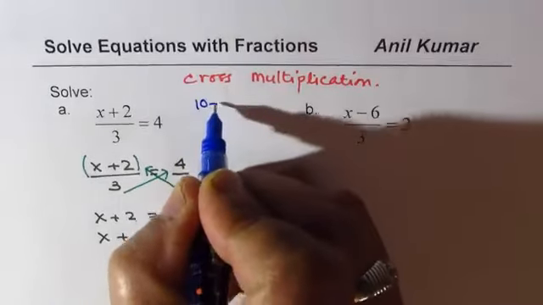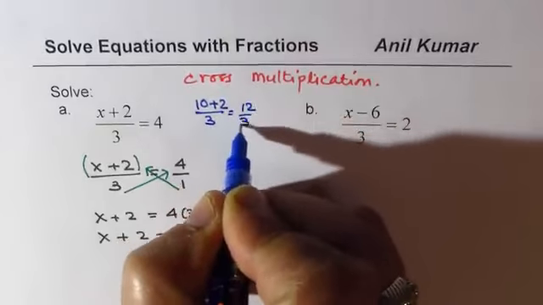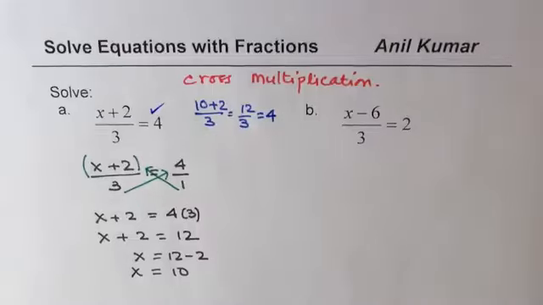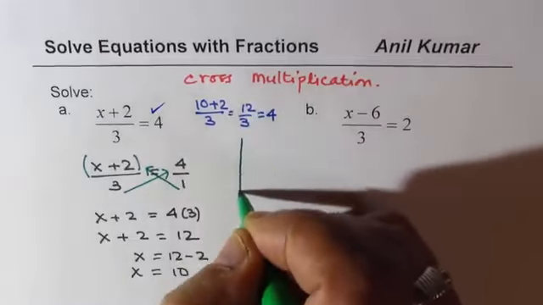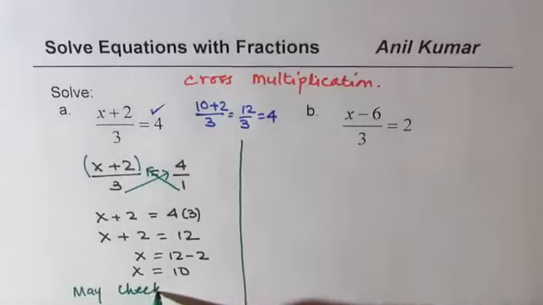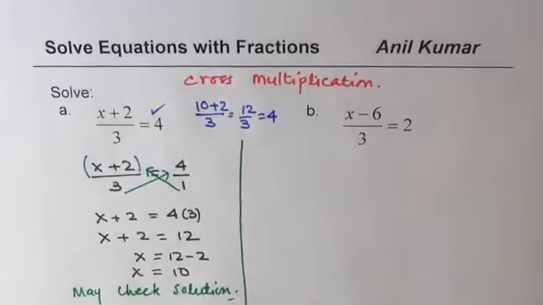We get 10 plus 2 over 3, which is 12 over 3, which is indeed 4. So that works. Perfect. So you may or may not check for the time being, but it's a good practice. So you may check. Okay. So I think the technique is absolutely clear.